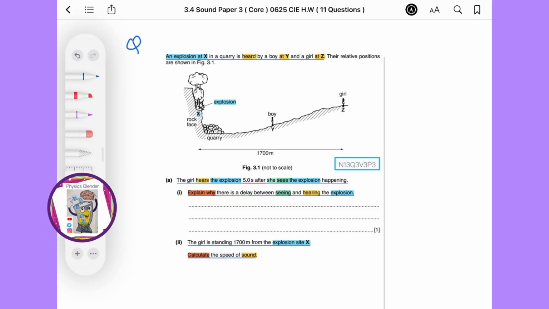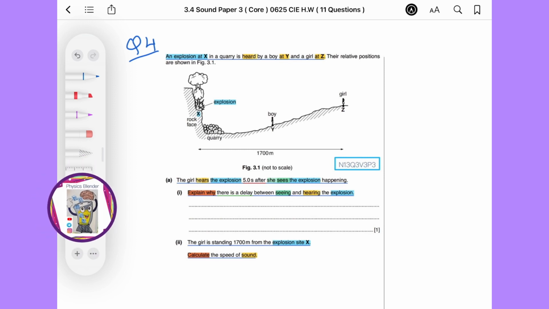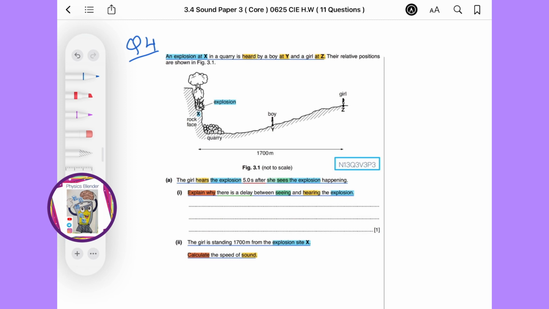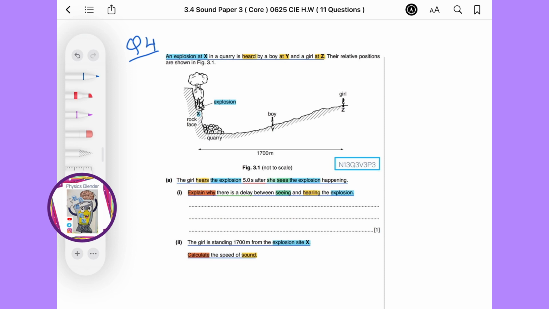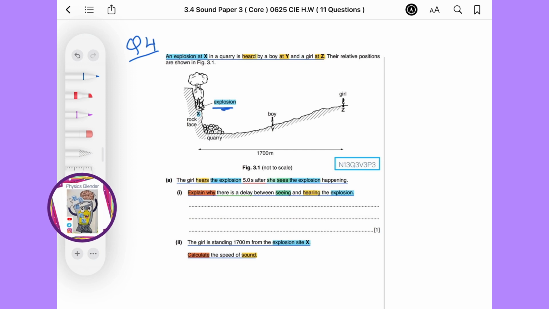Question 4. We have here an explosion at X, and, as I told you earlier, you have to identify the position of the sound source and how many persons you have in the question, and if you have any dimensions or distances. So the source here is the explosion, so this is the sound source.